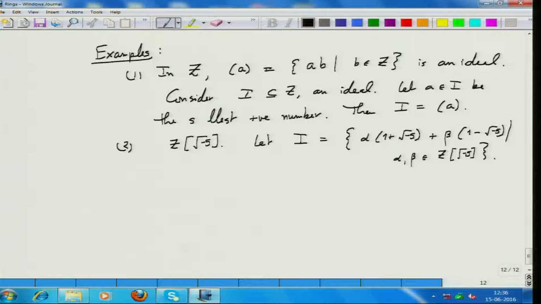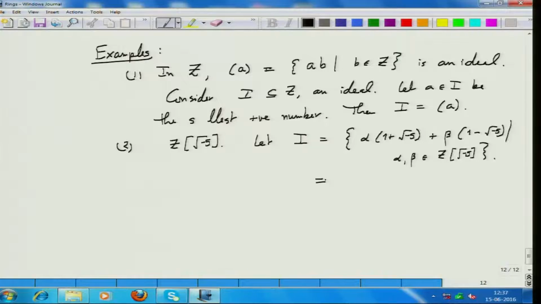2 is in this. So it contains all even numbers, surely. It contains all even multiples of square root of minus 5. That's also true. So that's a nice observation.